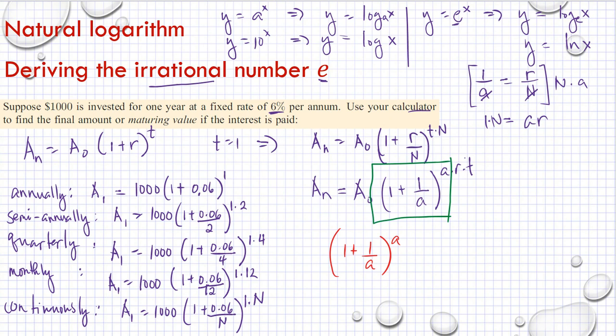We can only express that as A sub n is equal to A sub 0 multiplied by E raised to RT. The interest times time. And this is now an exponential function. And E is an irrational number.